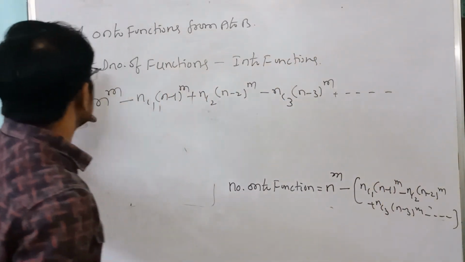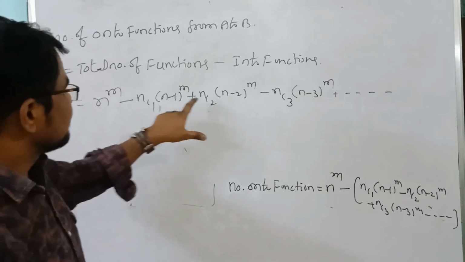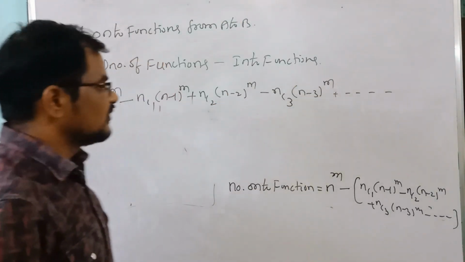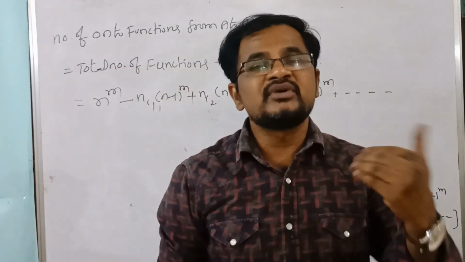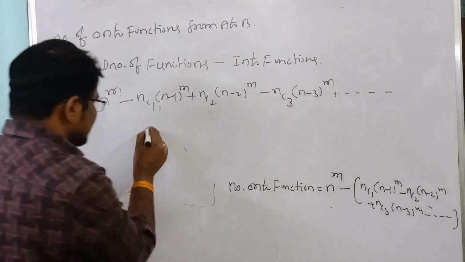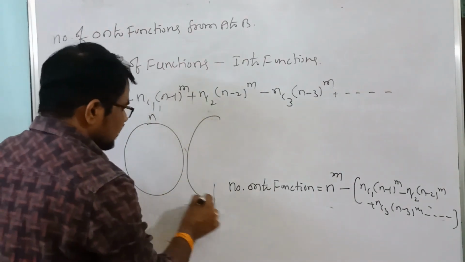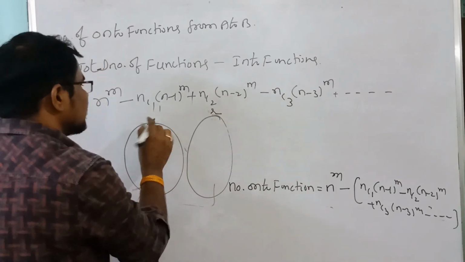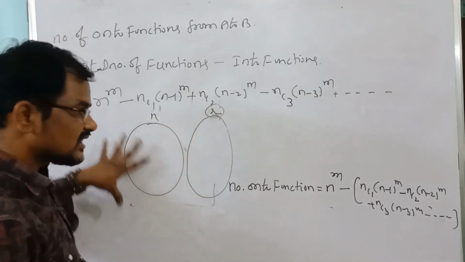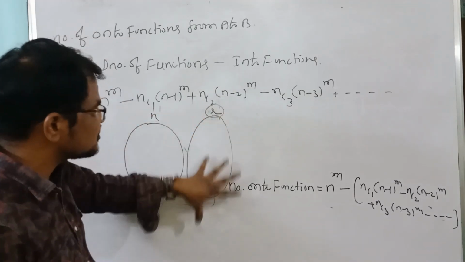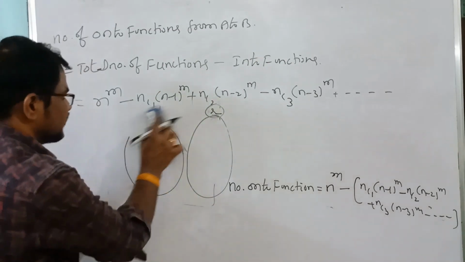So this is the number of onto functions: N power M minus NC1 and so on, alternately plus and minus. We applied the same concept in permutation and combination, when given N colored balls and R different boxes, inserting the balls into distinct boxes when empty boxes are allowed.